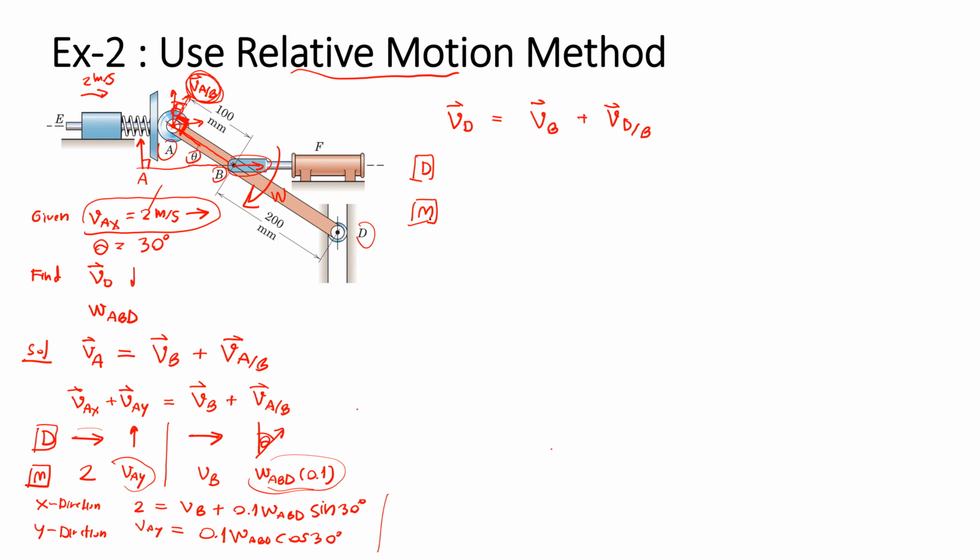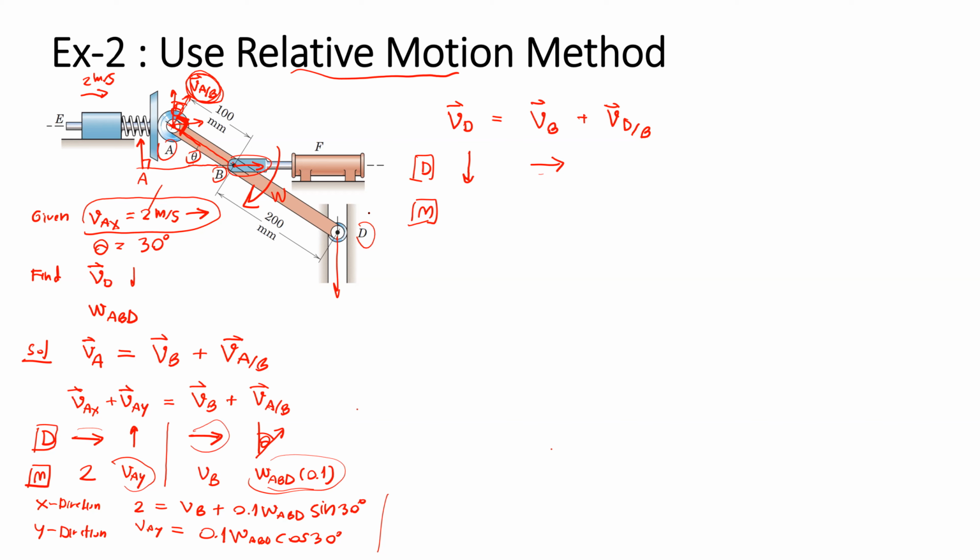What is the direction of the VD? Of course, D can run only in the slot in the downward direction. B can run only to the right-hand side or to the left-hand side, but we assume it to be to the right-hand side first.